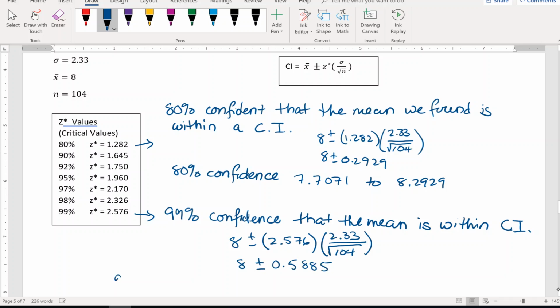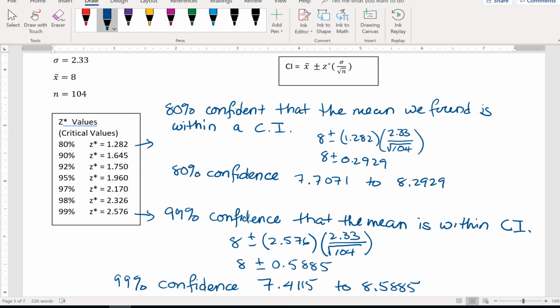So we can say with 99% confidence that our mean is between 7.4115 and 8.5885.